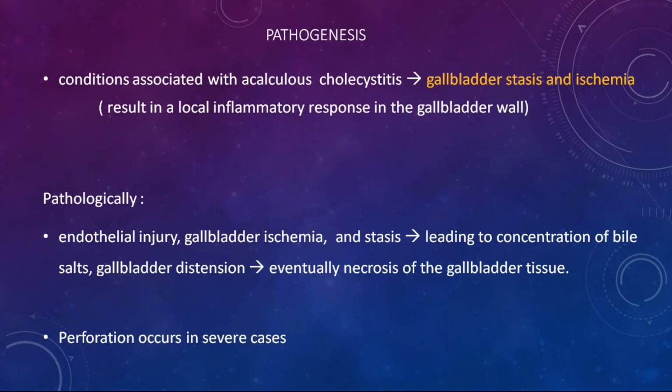And coming to pathogenesis, as with any cholecystitis, the main cause is gallbladder stasis and ischemia. When there is a formation of sludge in the gallbladder, this leads to bile stasis. That is the same thing in the kidney also.